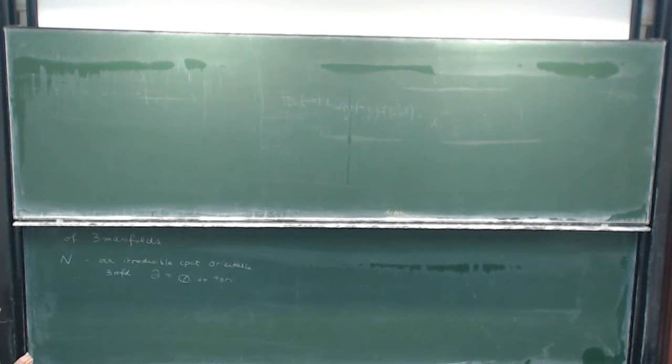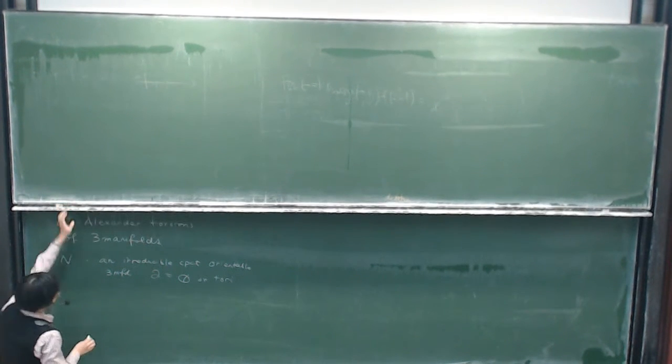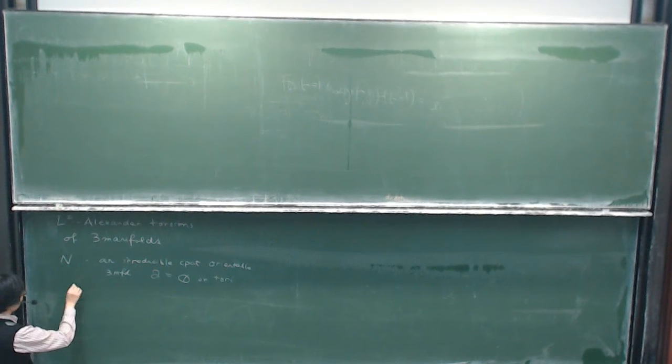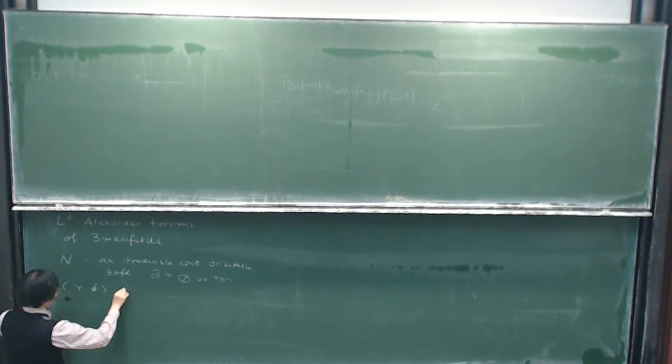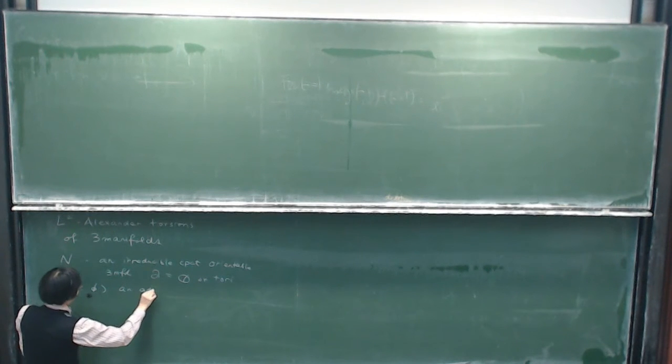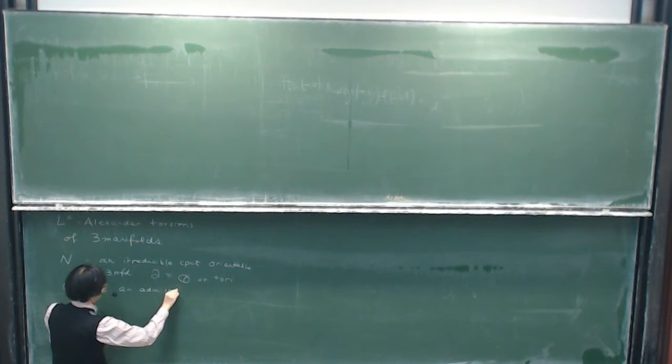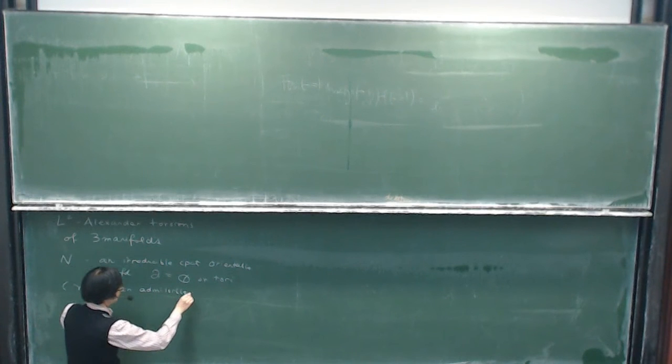So basically, the data that you need to define this L2-Alexander torsion are the so-called, let's say, gamma, phi, and admissible triple.